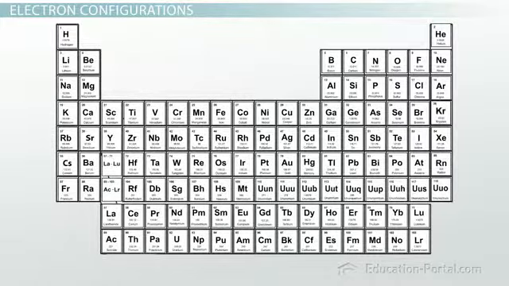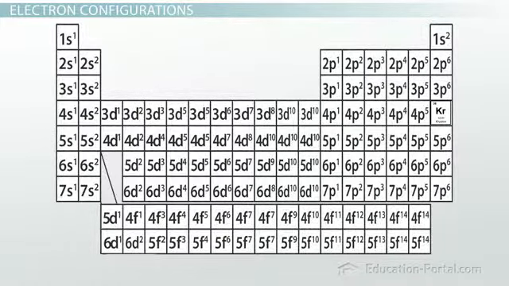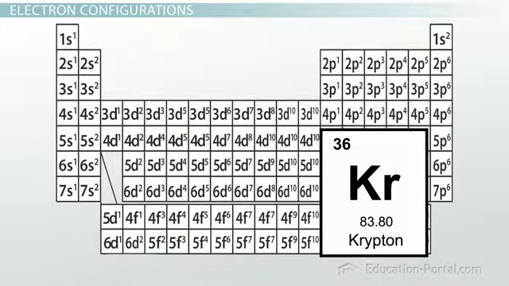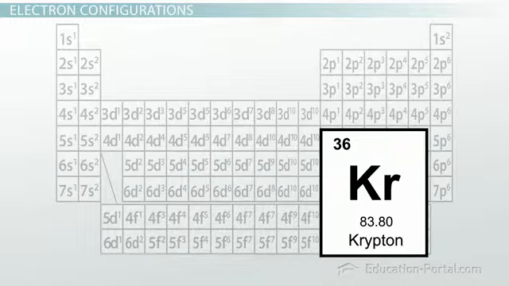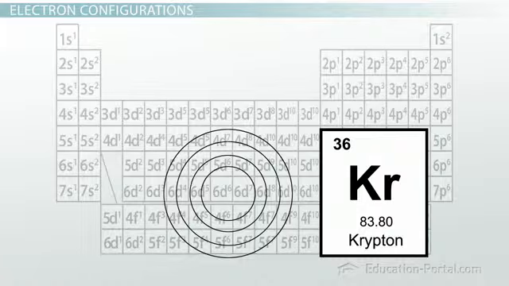Find krypton on the far right side of the periodic table. On this diagram, it is in the 4p6 square. Which electrons is an atom of krypton going to have? We will always start at the top left corner in hydrogen.